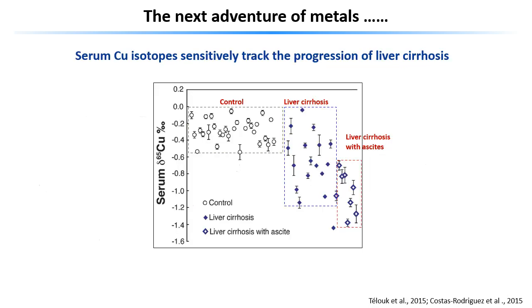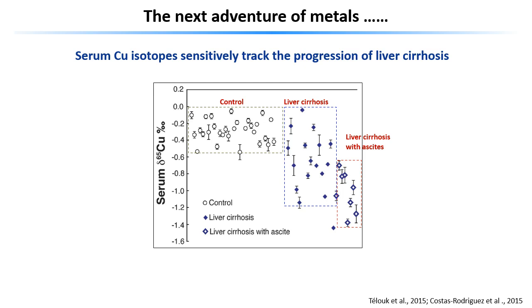Just to give a simple example here, serum copper isotopes show higher sensitivity to track the progression of liver cirrhosis. For example, much lower delta 65 copper values are found for liver cirrhosis than the control values.